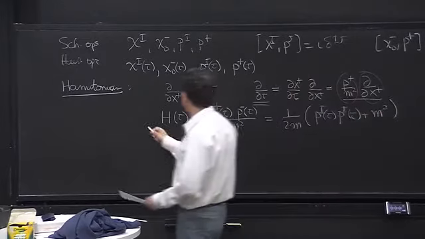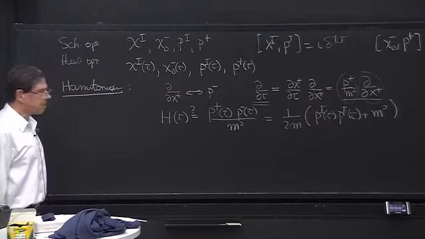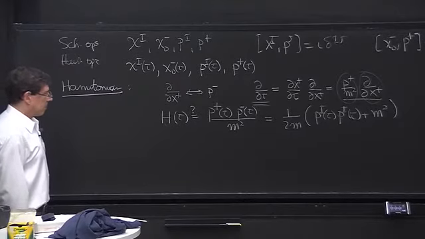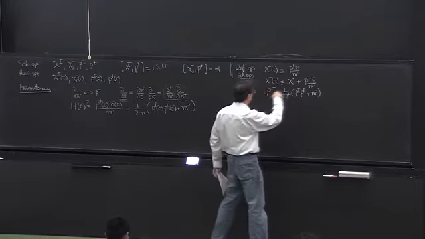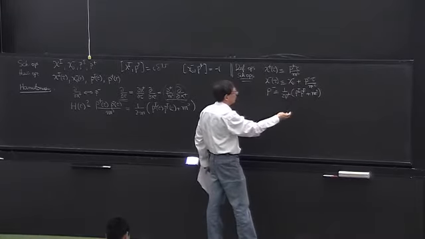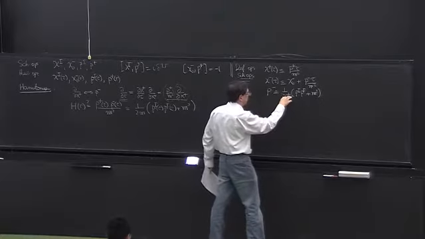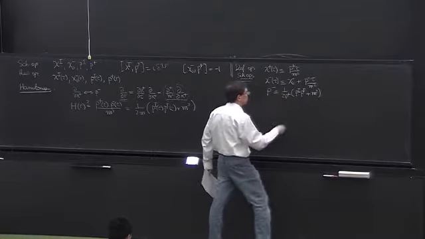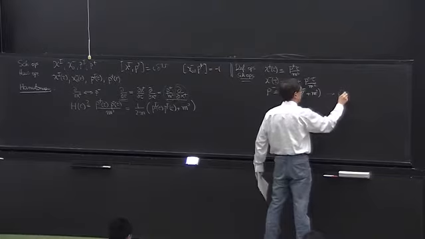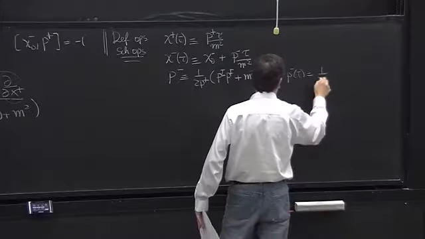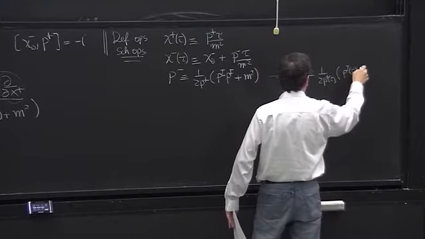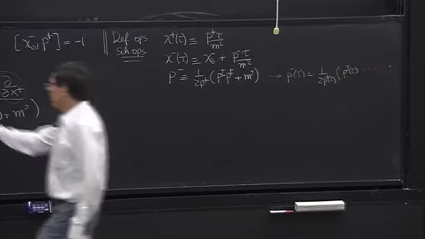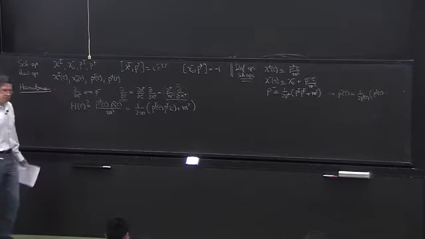We're doing Heisenberg Hamiltonians. Whenever you have a product of Schrödinger operators, the Heisenberg operator is the product of the corresponding Schrödinger operators. So from here, you would have that p minus of tau is equal to 1 over 2 p plus of tau times pi of tau squared plus m squared. So here is our guess, and let's see if it does anything right.